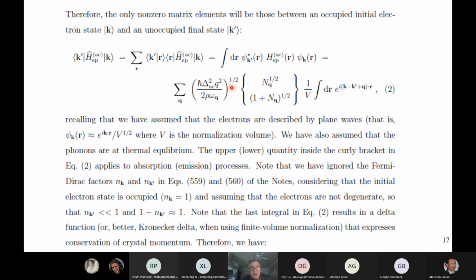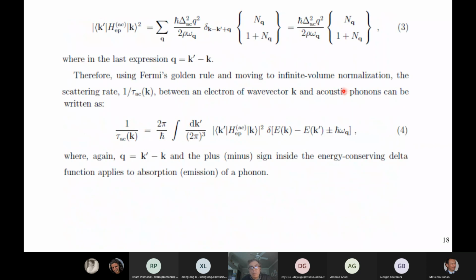We have to plug it now back into Fermi's golden rule. So we have to use this matrix element, we square it. Remember, this is a delta function for conservation of crystal momentum, so we'll be simplifying our interaction, and that's again the expression that I repeated. We plug it back into the expression for Fermi's golden rule.